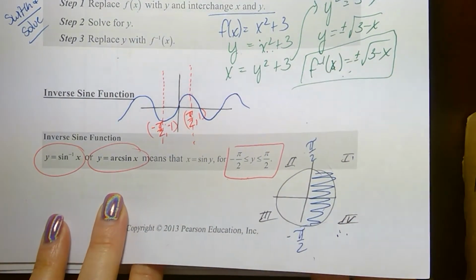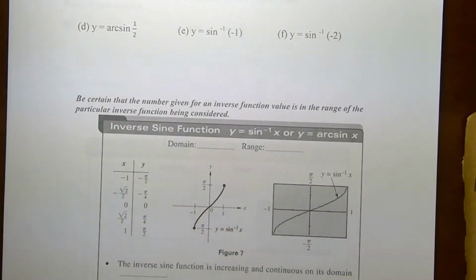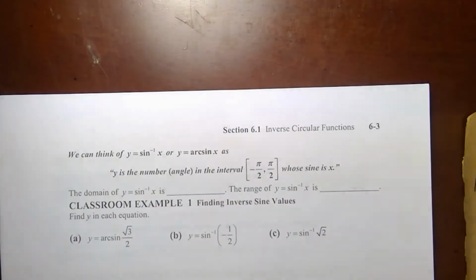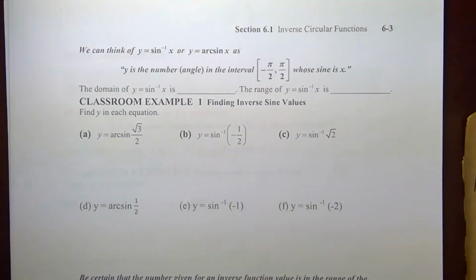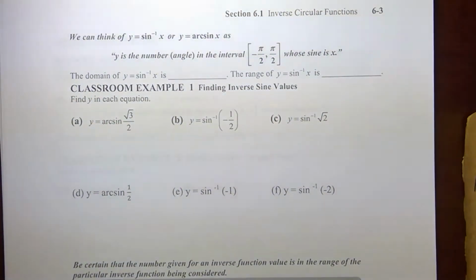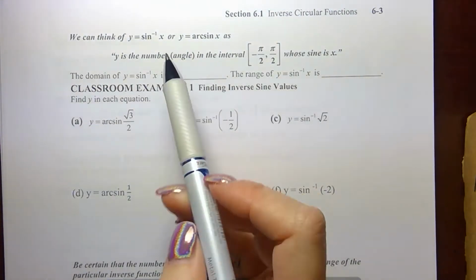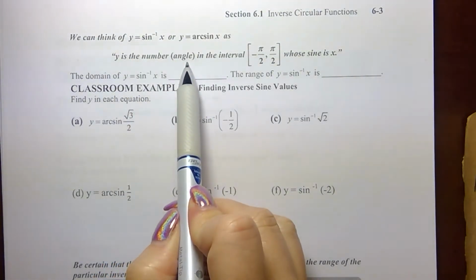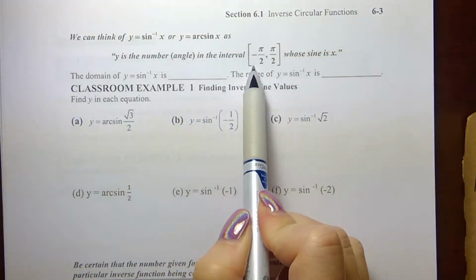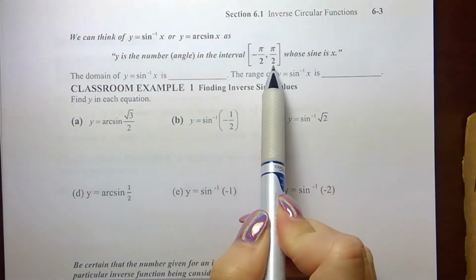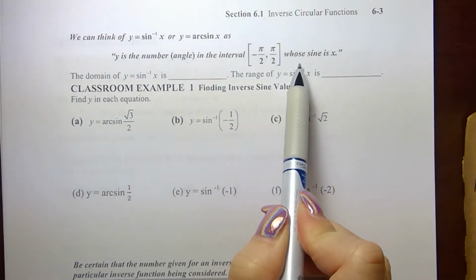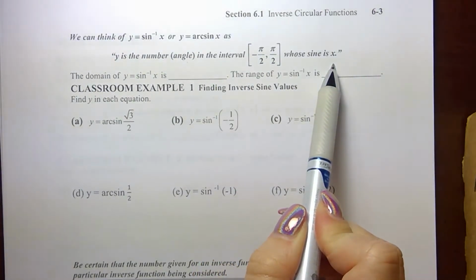Now, we are not going to be graphing inverse functions. I'm going to show you the graphs of the inverse functions, but we aren't going to be actually graphing them. We can think of y equals sine inverse x, or y equals arc sine x, same thing, as y is the number, the angle, within that defined interval, that restricted interval, negative pi half to positive pi half inclusive, whose sine function is x.